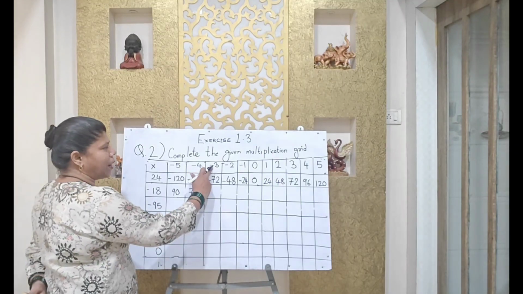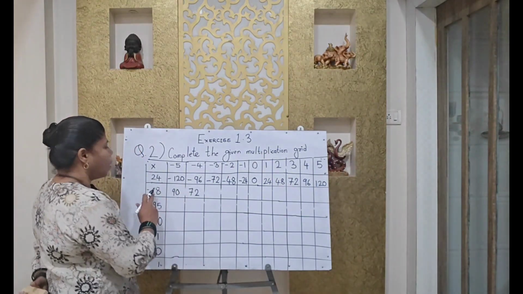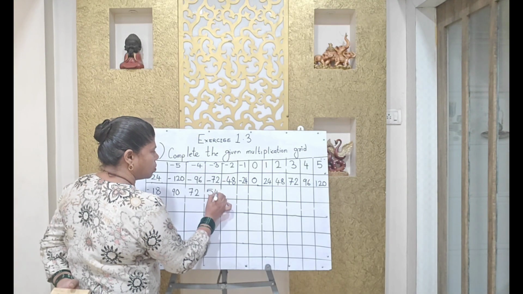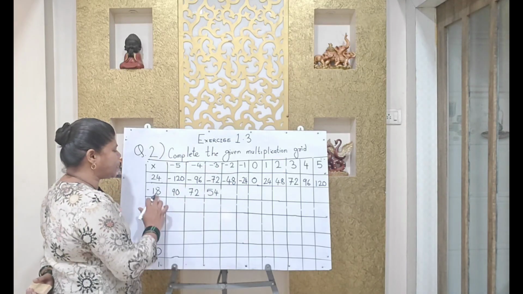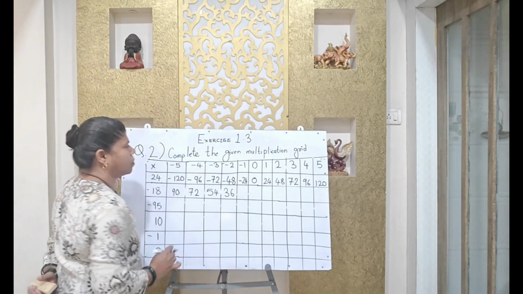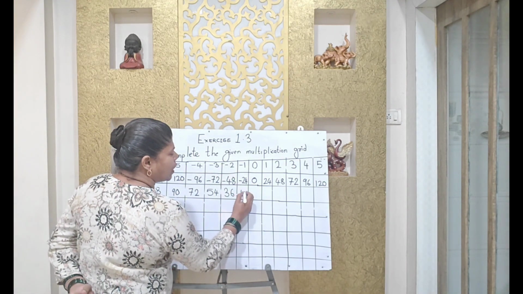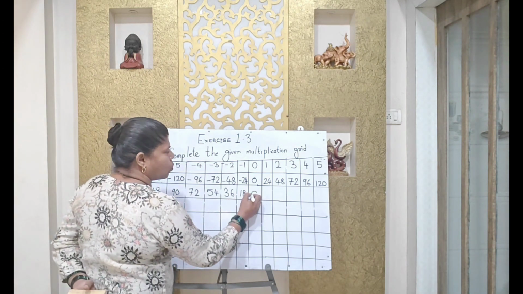Minus 18, minus 3, same sign, positive, no need to write the sign. 18 threes are 54. Minus, minus, plus, same sign, no need to write the sign. 18 twos are 36. Minus 18, minus 1, only 18. 0 multiplied by minus 18, 0.